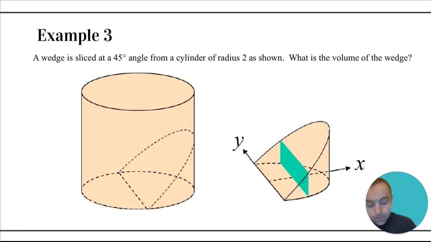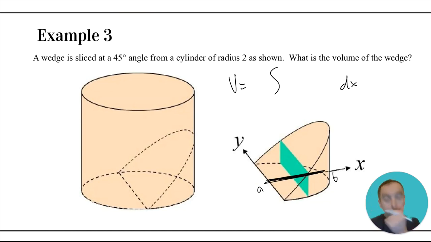Therefore, in order to find the volume of this, we're going to need to integrate with respect to x and then find our limits that move along the x-axis. So we're going to be integrating from this a number to this b number.